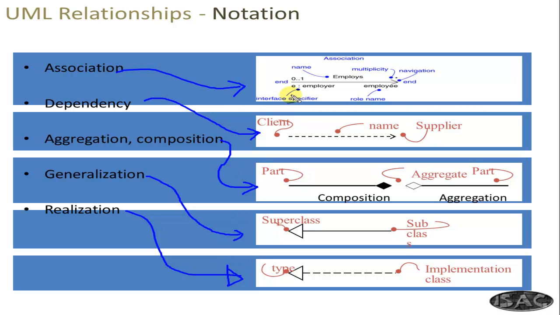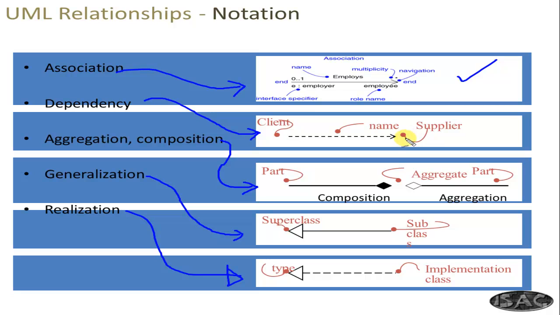Now for association, an employer has many employees associated with the employer. So it is a one-to-many relationship. This is an association relationship: the employer employs employees, or an employee is associated with an employer. Now this is a dependency relationship.